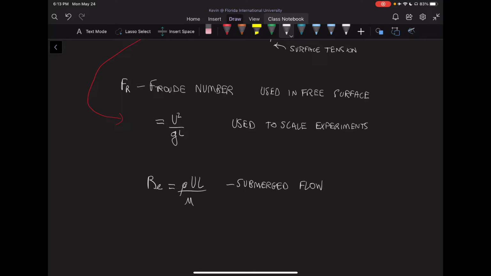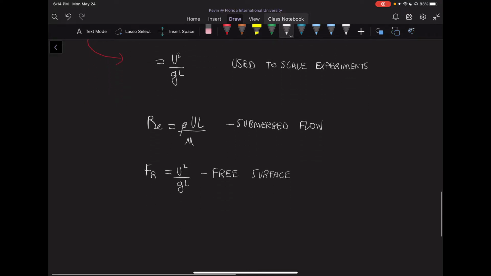Now, the Froude number is used on the surface. So Froude number is equal to u squared over GL, and this one is used in free surface flow, whenever we have flow on a surface.